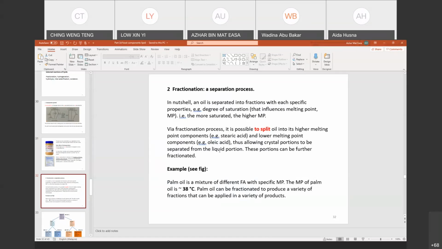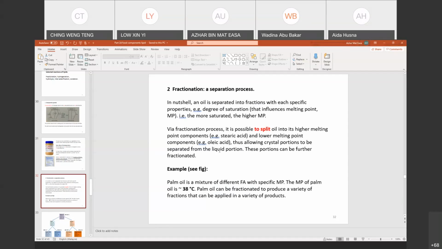So you can play with these fractions. It is possible to split oil into higher melting point components and lower melting point components. So you will allow the crystal portion to be separated from the liquid portion. And then this portion can be further fractionated.